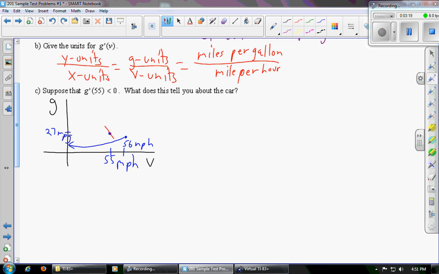So what we know is that G is decreasing when the velocity is 55 miles per hour.